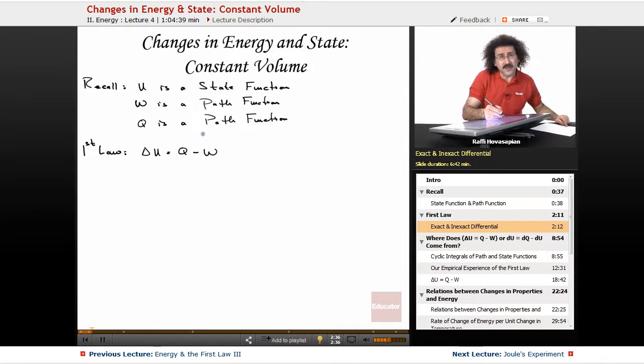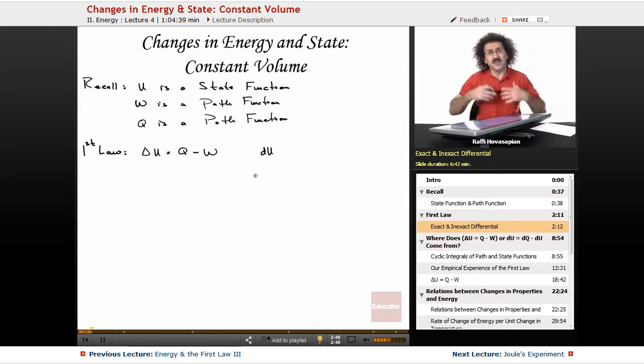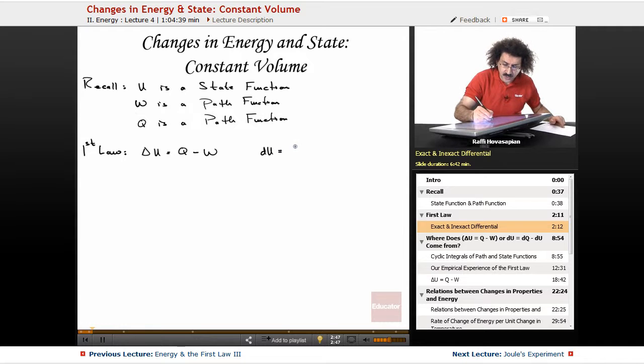This is the fully integrated form. We'll often use the differential form, because again, we're going to be leaning much more on the mathematics and on more sophisticated mathematics. So dU equals dq minus dw. So the differential change in energy equals the differential change in heat minus the differential change in work.